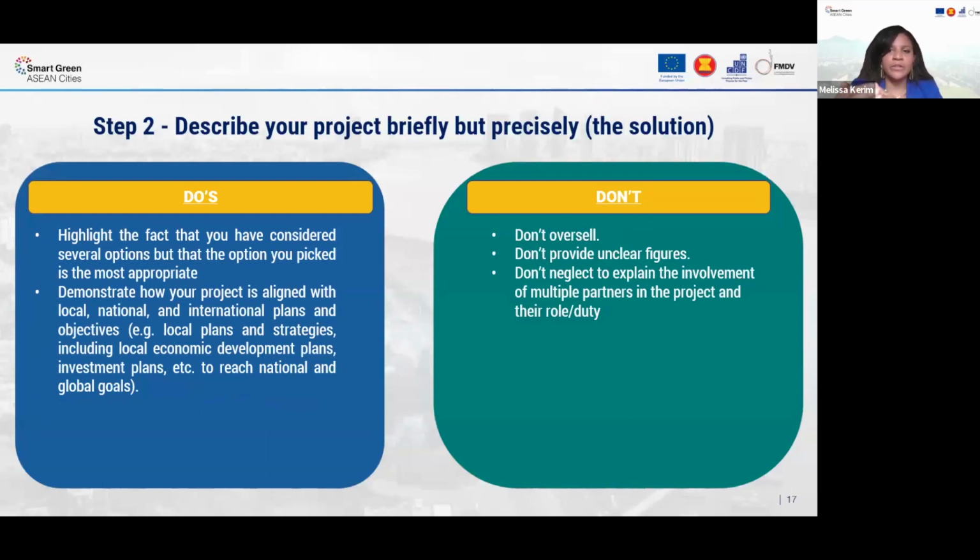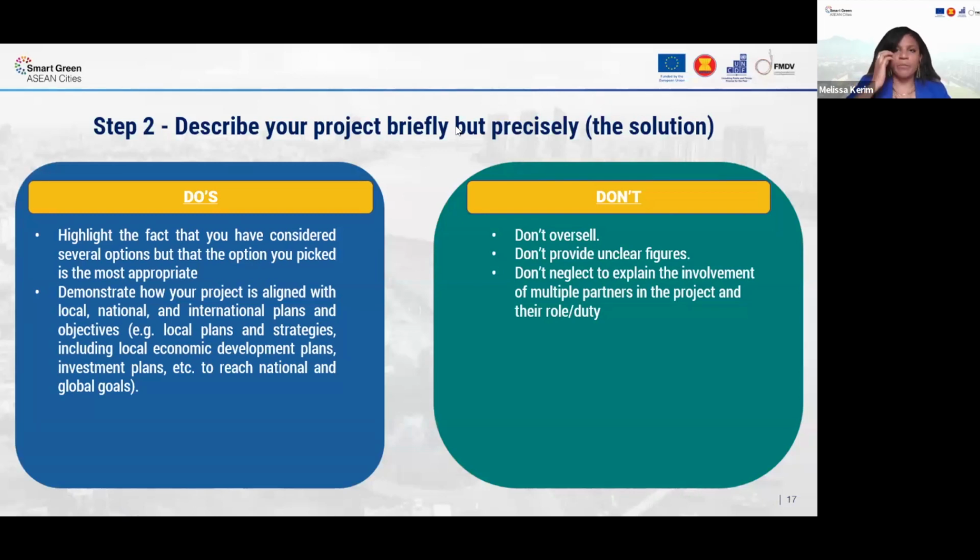If you go to the next slide, the second step is to present the solution and demonstrate how this solution is particularly adapted to address the challenges you've presented in the previous slide. Again, you can emphasize the process that led you to prioritize this solution, and the expertise you've mobilized to identify this project internally and externally.